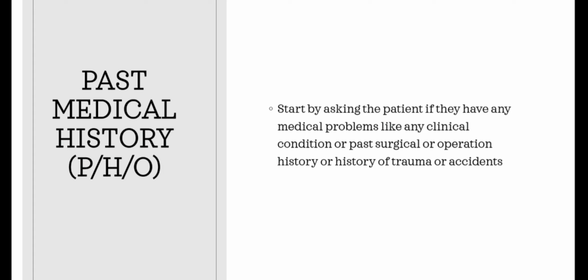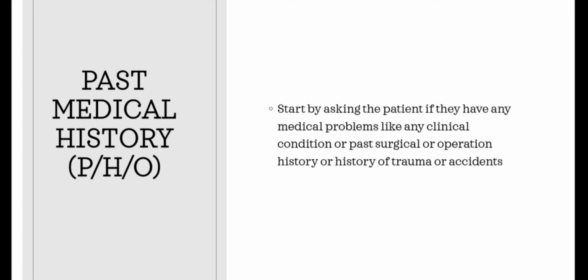If diabetic, mention time of diagnosis, current medication, or clinic checkup, etc. For past surgical or operative history, you have to include the time, place, and what type of operation. Note any blood transfusion or whether blood grouping is done. And then history of trauma and accidents.